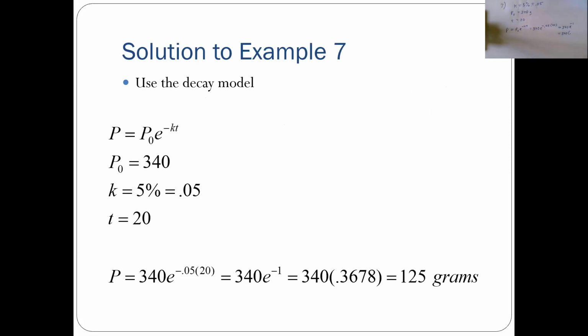I want to be a little more accurate than that. It is 0.36788. I'm just going to round the fifth place up to 8, since it was followed by 9. So anyway, if we multiply that by 340, you get 125 grams of the isotope.